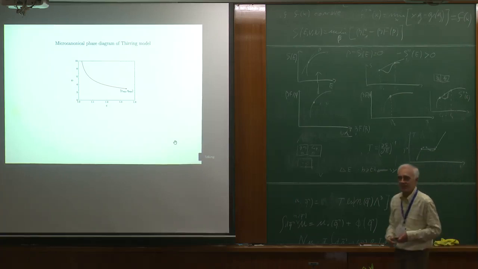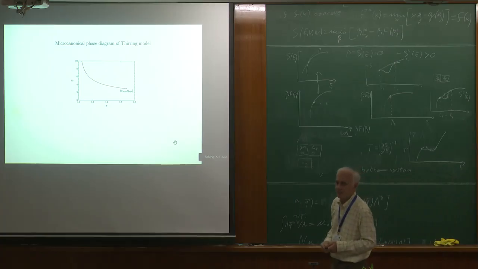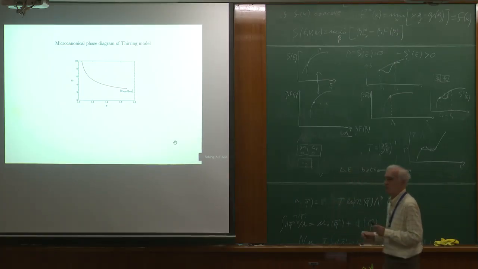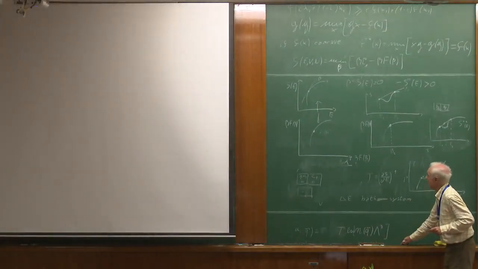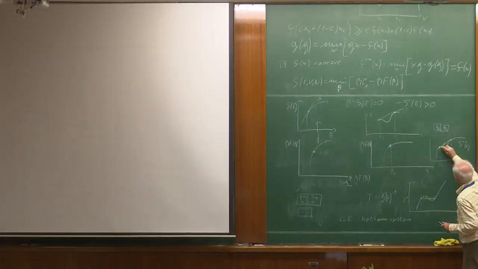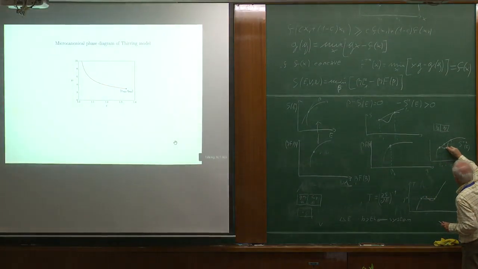Of course, this doesn't forbid a first order phase transition in the microcanonical ensemble. No, it is not forbidden. I plotted this example in which it is like here. But you could have also a jump in the derivative here, for example.